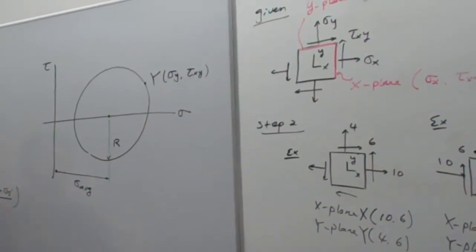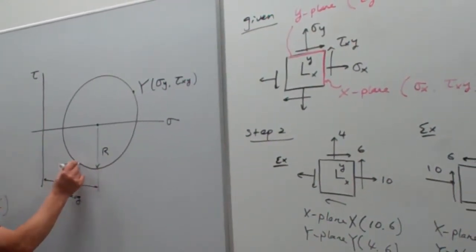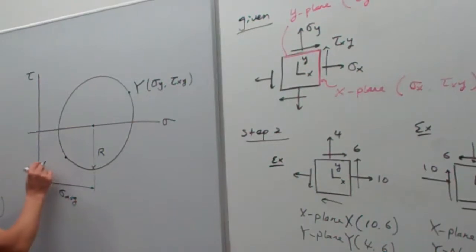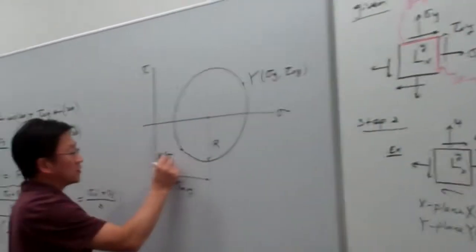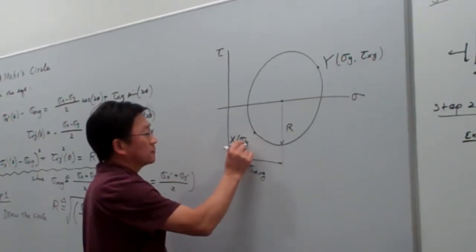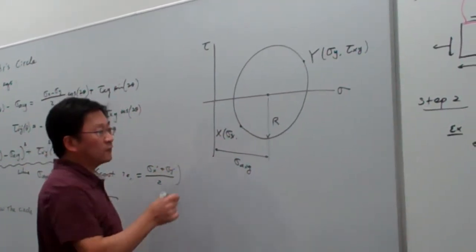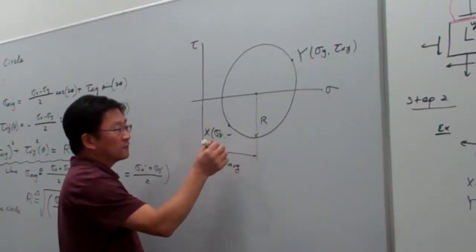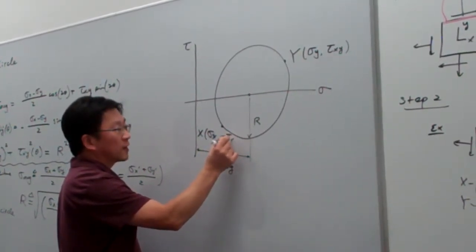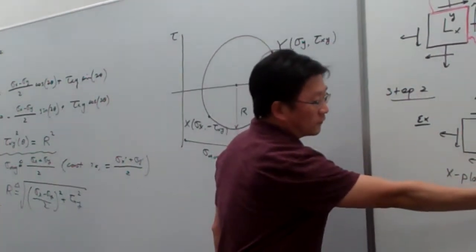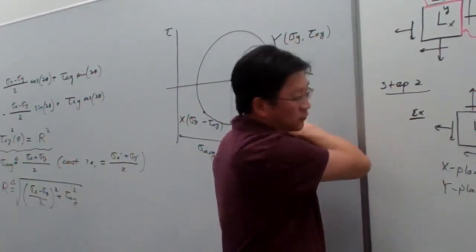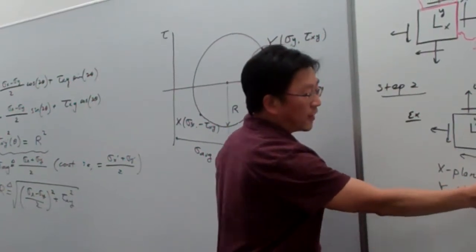And for the x coordinate, that's a little bit different. For the x coordinate it is this. Whatever information we got, we copy the normal stress to here. Then we have to use the negative of whatever we got for the x point. So for example, for this point, to map to the Mohr circle, you should use 10, minus 6.